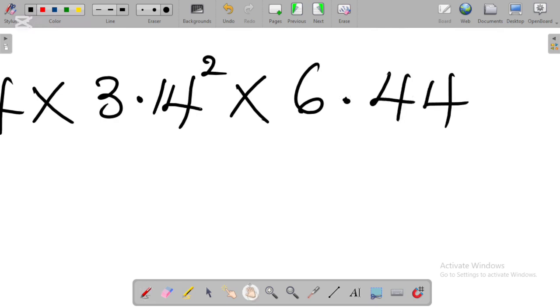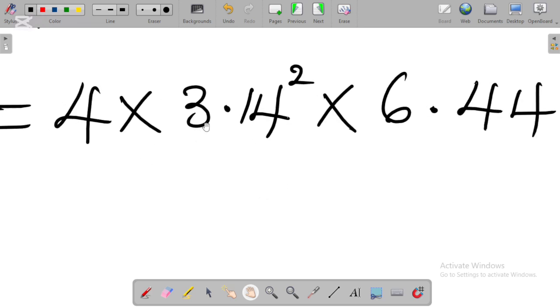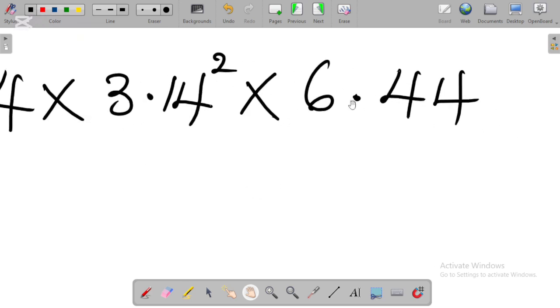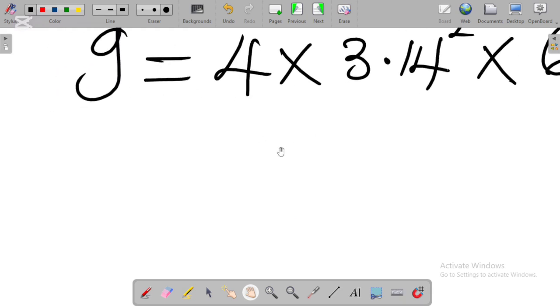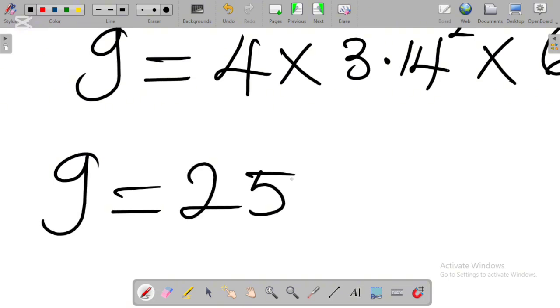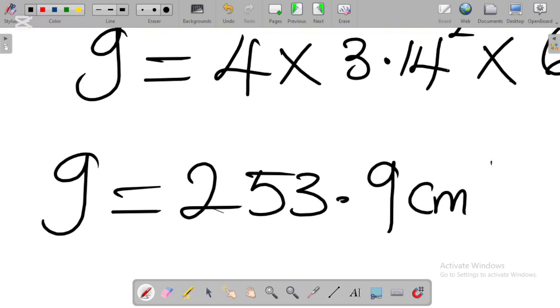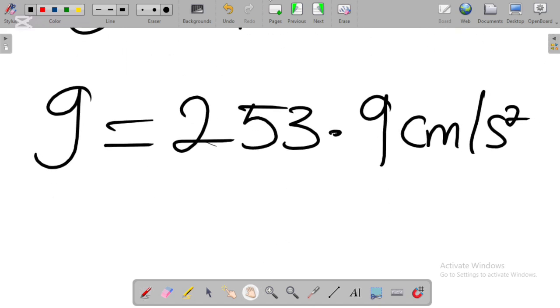So kindly punch your calculator: 4 multiplied by 3.14 square multiplied by 6.44. So therefore G is equal to 253.9. So what's the unit of G? G is measured in centimeter per second square. So this is the value of G.